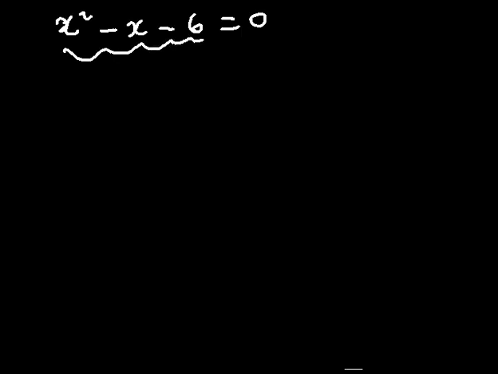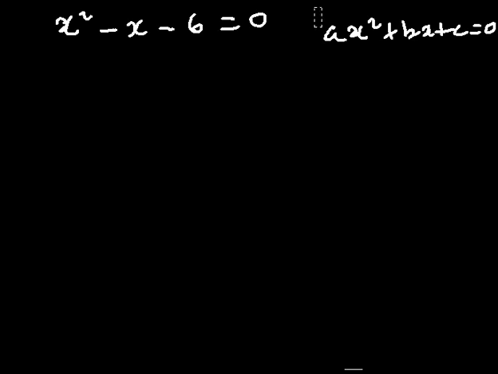So first thing, we should ensure that the equation is in the general form of ax squared plus bx plus c is equal to 0. In all cases, in other words, it should be in the general form of the quadratic equation. As you can see here, it is in the general form. Hence, since we're using the factor method, we just have to look at whether we can factorize that one or not. So as you can see here, it is possible to factorize that one.